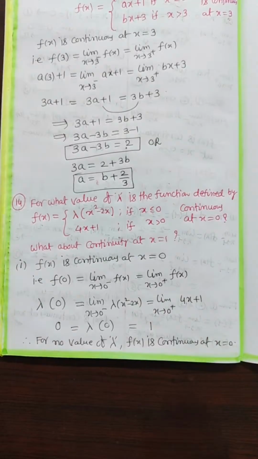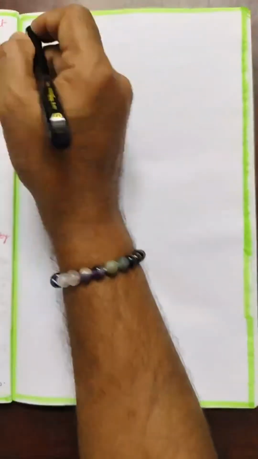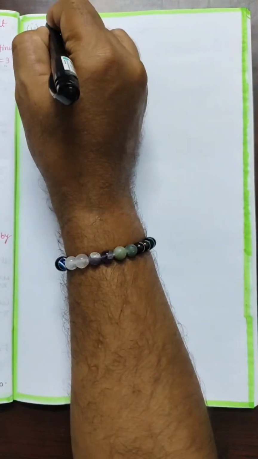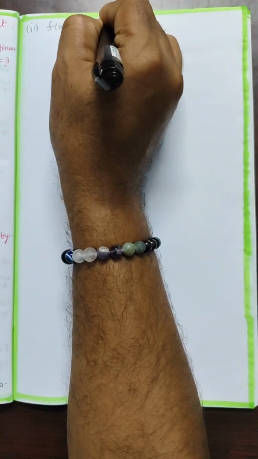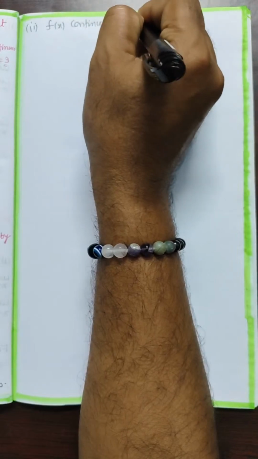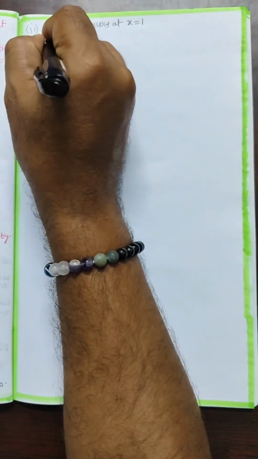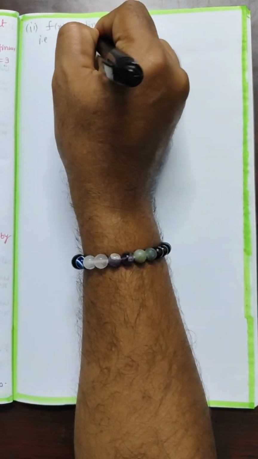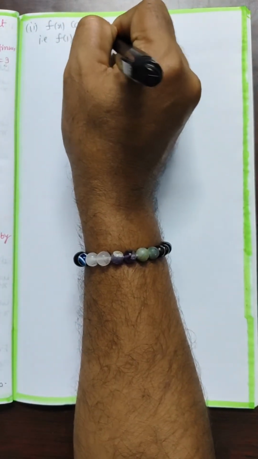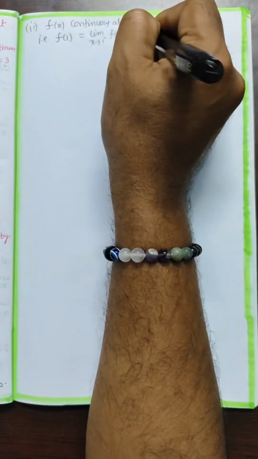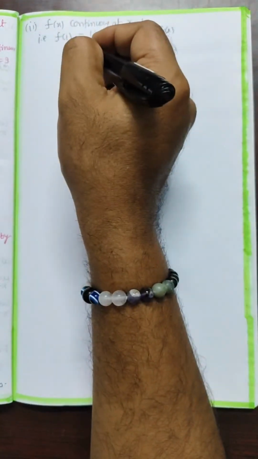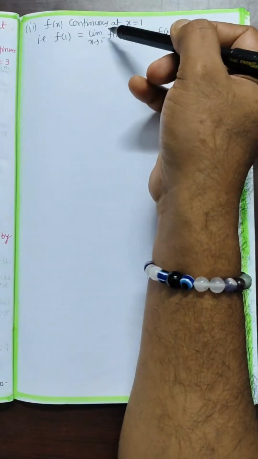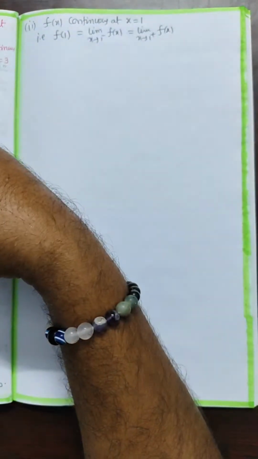Now we will move to the second question in this same problem. In the second question, f of x is continuous at x is equal to 1. That is, f of 1 is equal to limit x tends to 1 minus f of x, equal to limit x tends to 1 plus f of x.